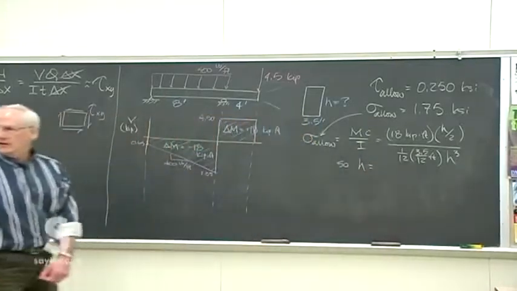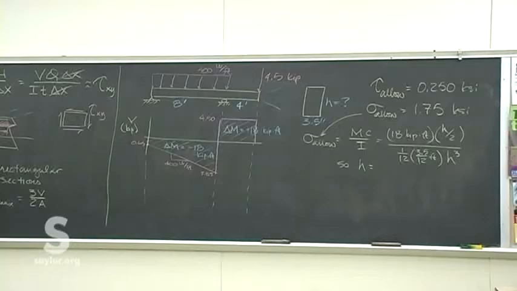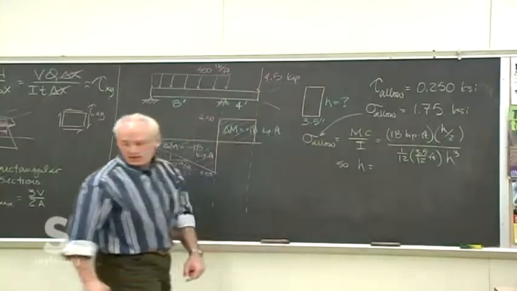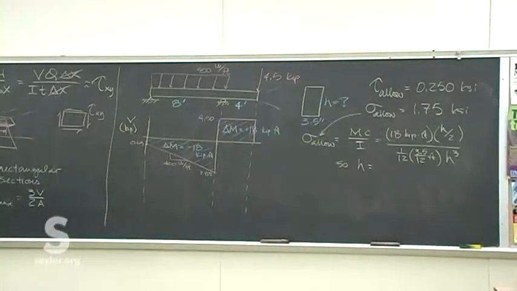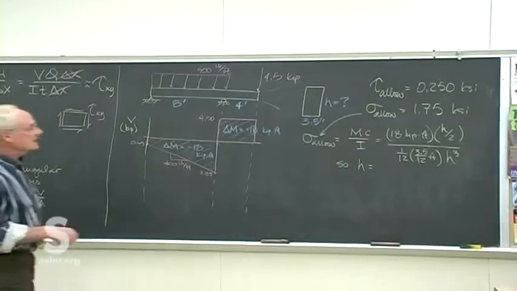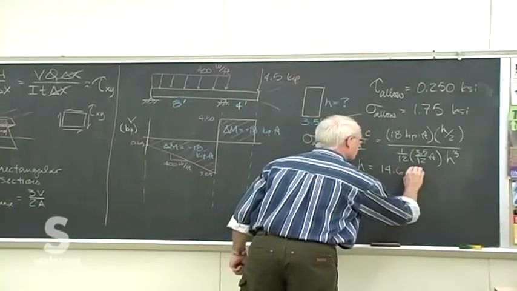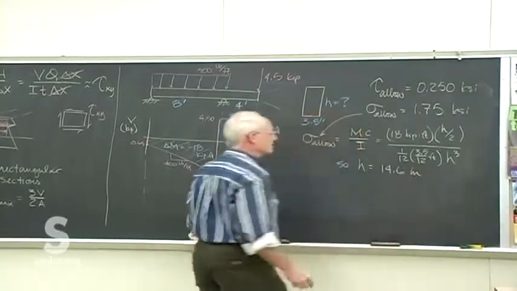So we can solve for an h, the height of the beam we need to resist bending failure, and then we'll go back and check and see if that's adequate for the shear failure, longitudinal shear failure. So that h becomes 14.6 inches.